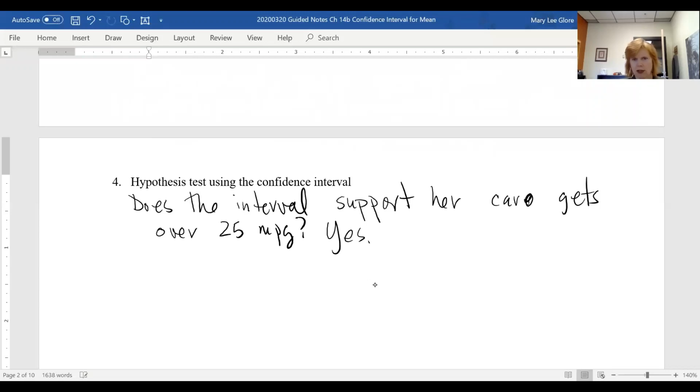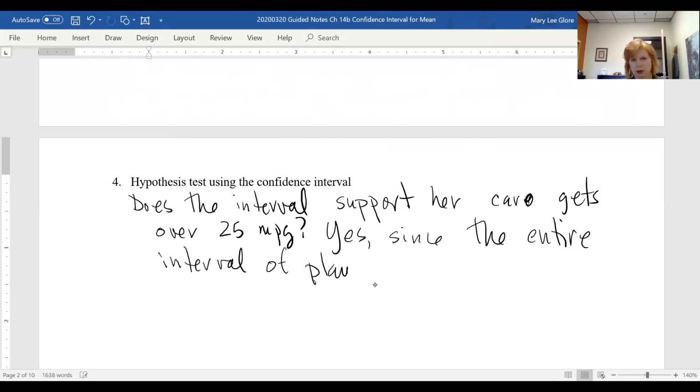And why? Since the entire interval, and those are plausible values for the mean, are over 25 miles per gallon.